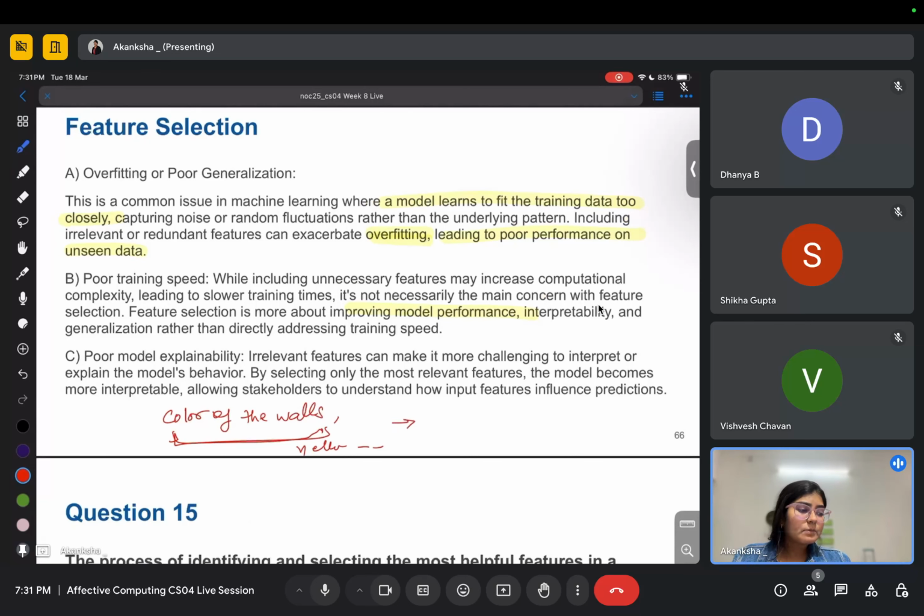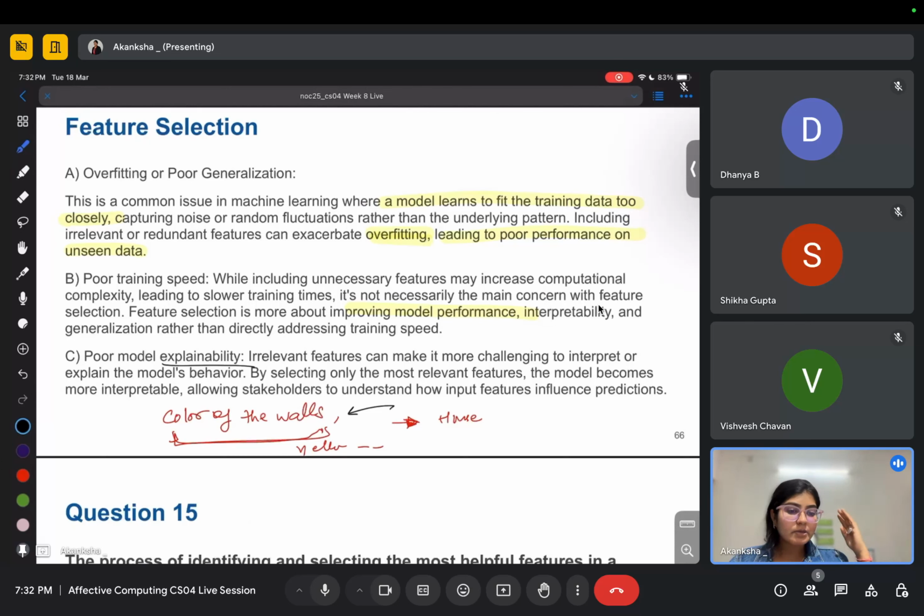So it leads to poor model explainability, because the model will be very confused whether my decision was based on this feature or some other feature or the color of the wall. So unnecessary information should be removed. All three are true. It leads to poor generalization, poor training speed, and poor model explainability, okay?